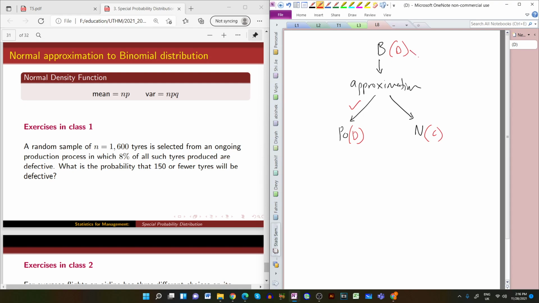For you to bring discrete to continuous, you need to do some adjustment. This adjustment is known as continuity correction.